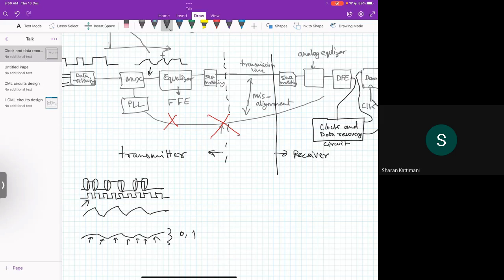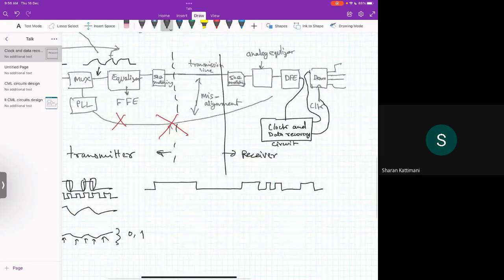But it is not always true that the data will have frequent 0s and 1s. The data density can be very poor, and there will be long runs of 1s and 0s in your circuitry, something like this. Sometimes it will be like this, but sometimes it will be like this.